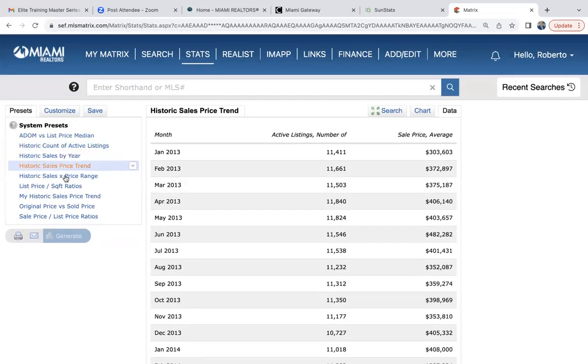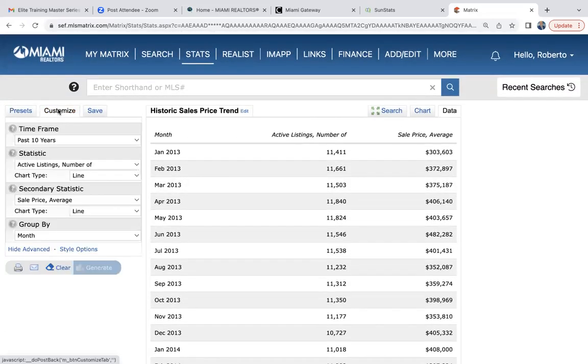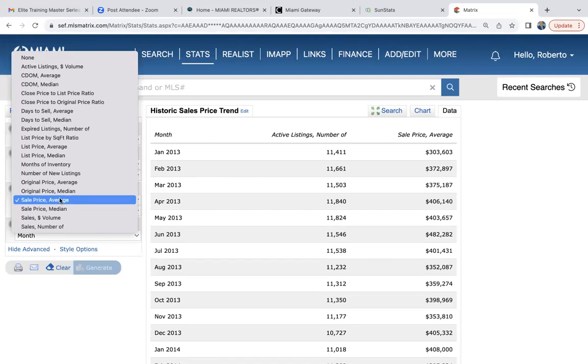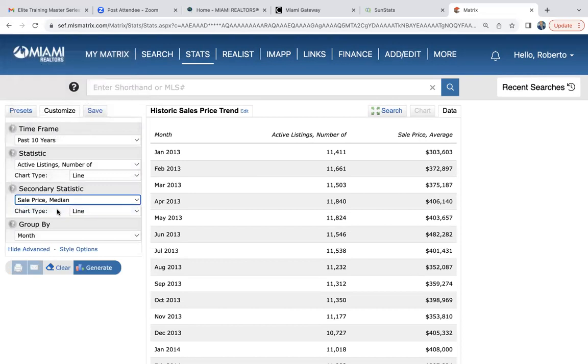Okay, now if you want to switch it to median, all you need to do is go to customize, and then on that second line, you're gonna go to original, sales price median. Okay, and let's say you wanted to switch that first line, because it's the number of active listings.